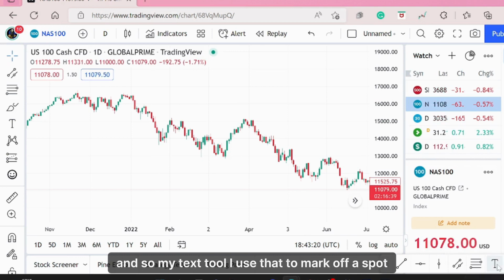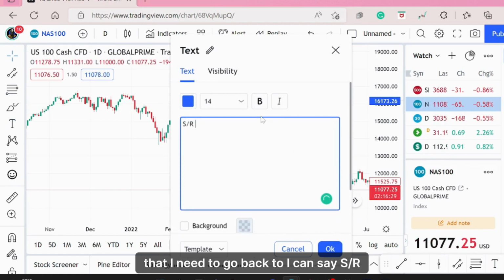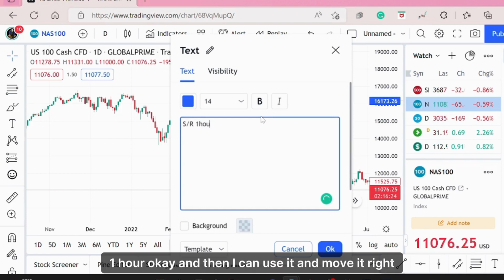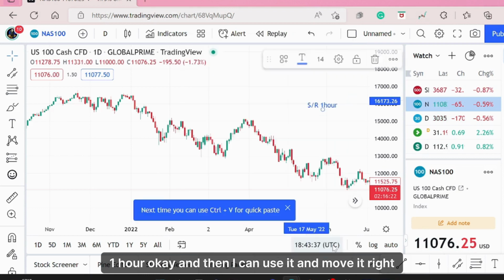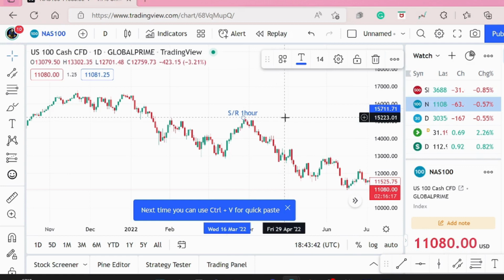Okay, and so my text tool, I use that to mark off a spot. Let's just say I wanted to mark off an SR level that I need to go back to. I can say SR 1 hour, okay? And then I can move it right there.